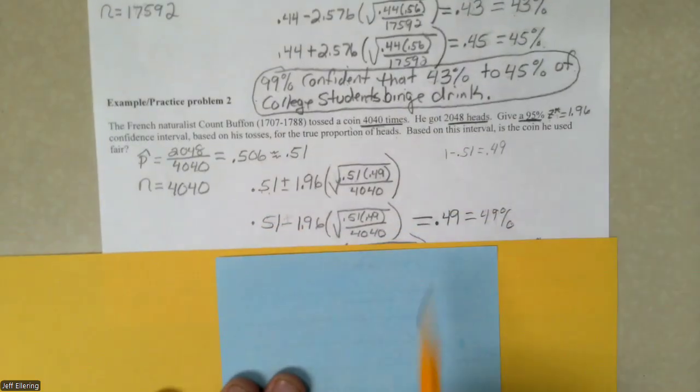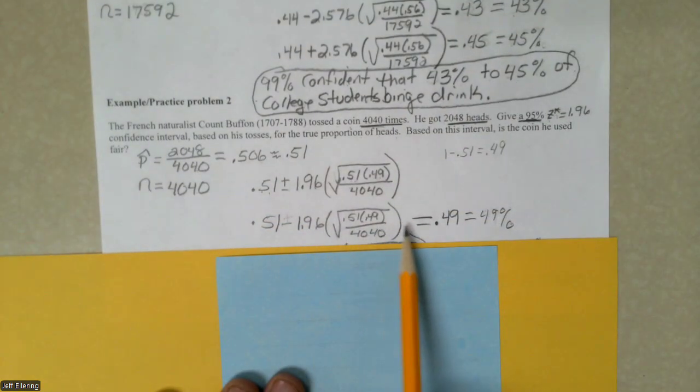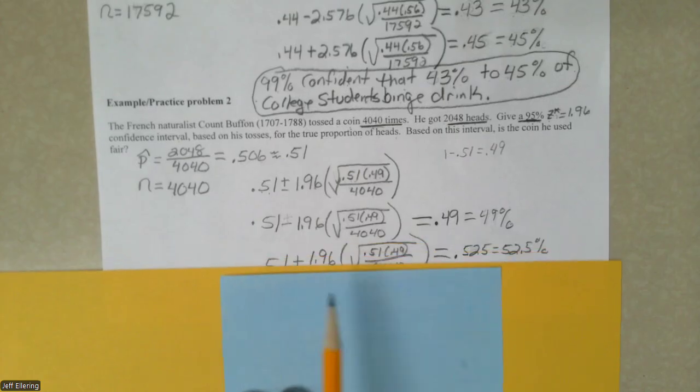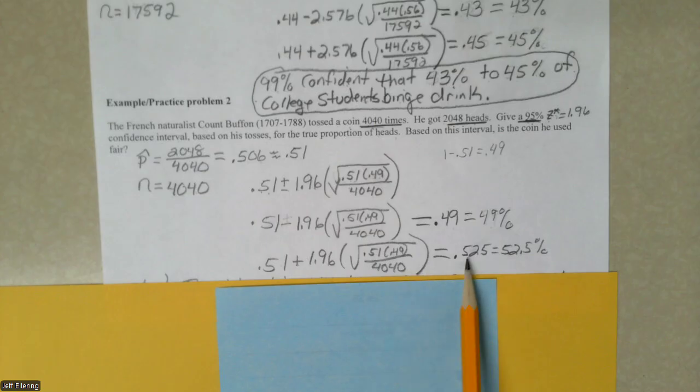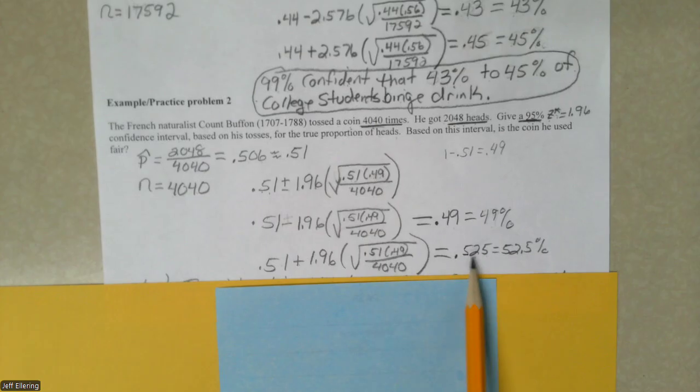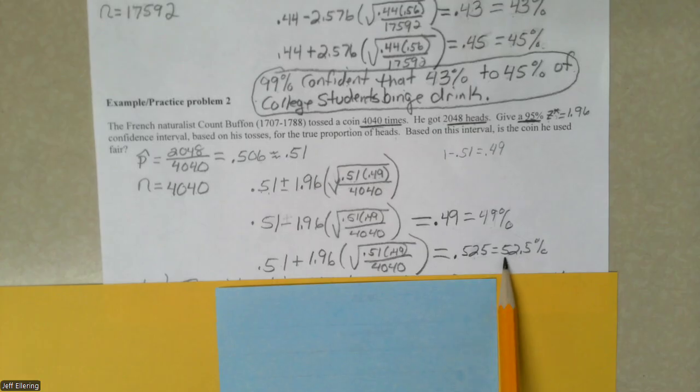That's what I did right here. Then I do the plus this, and we get 0.525. I kept that 0.525. I could have rounded it to 53, but I like 52.5%.